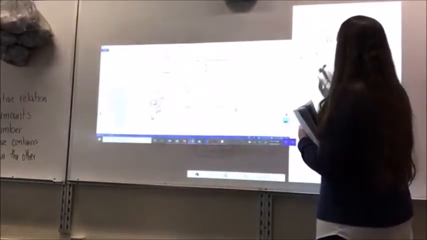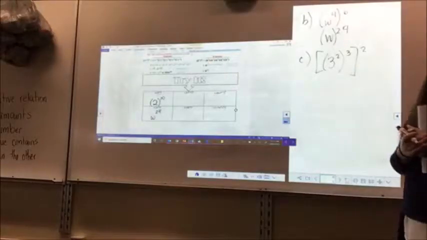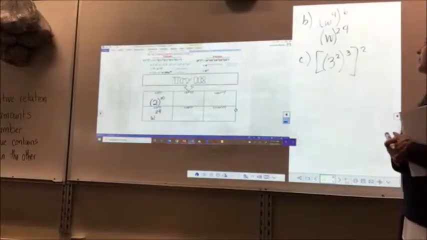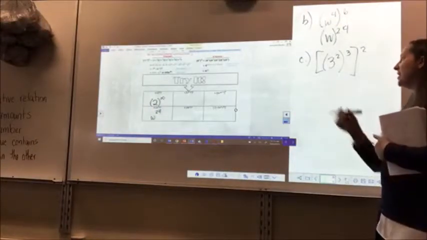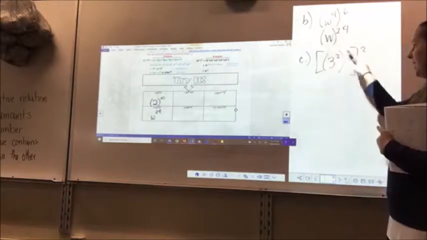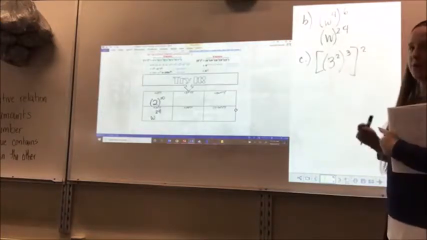Letter C, 3 squared cubed squared. Okay? So I want to go ahead and do what's inside this bracket first. So again, I can use the power of powers rule.